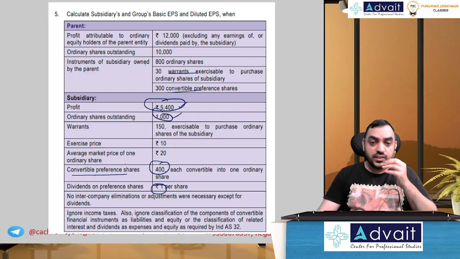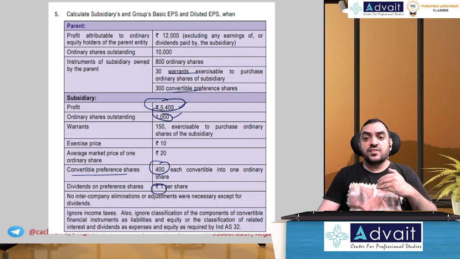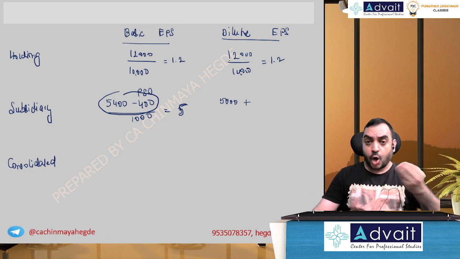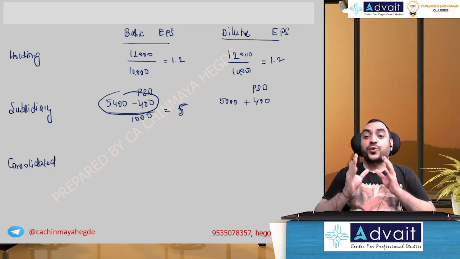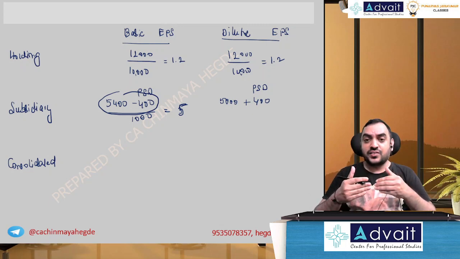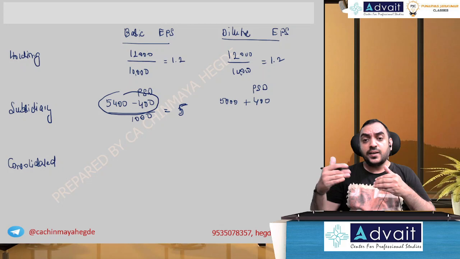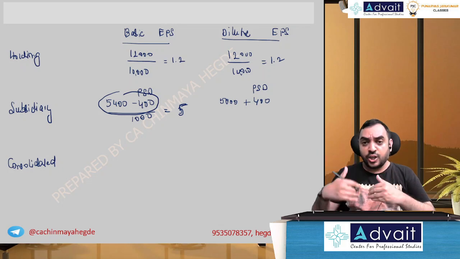Potential shares, we have two things. One we have regarding the warrants, other we have regarding the convertible preference shares. So when preference shares are converted into equity shares, the preference share dividend, how much dividend? 400 rupees. The preference share dividend, effectively it becomes 5,400. Could have taken directly 5,400 also, but what is our process? Existing profits plus incremental profits are added, and in the denominator incremental shares are added.